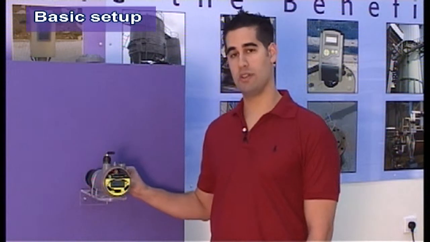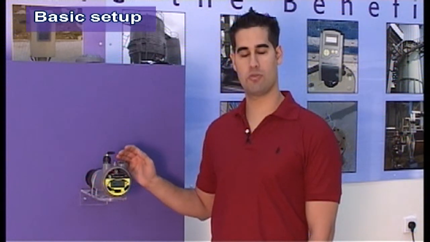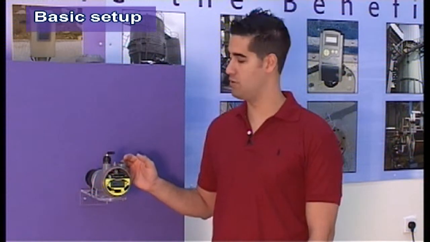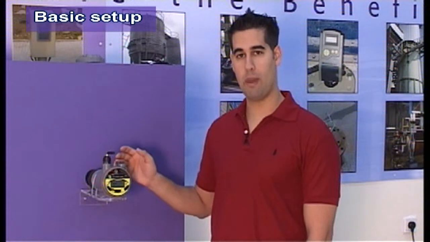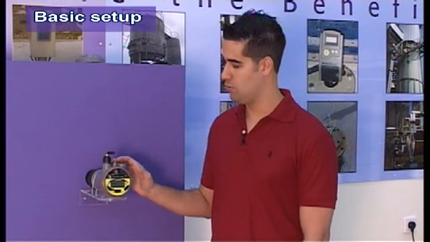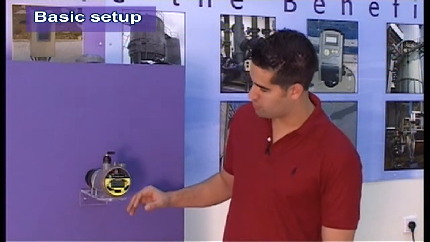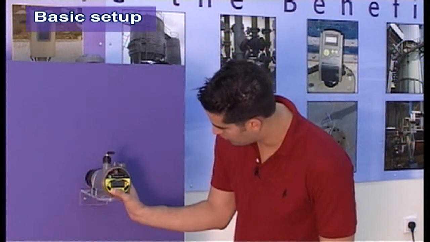The false echo scan is a function with which the gauger can map all the obstructions inside the tank. For example, if you have a ladder or a pipe that generates false echoes, the gauger can map it and eliminate it using the false echo search. In order to enter the false echo search, I will press enter on perform.